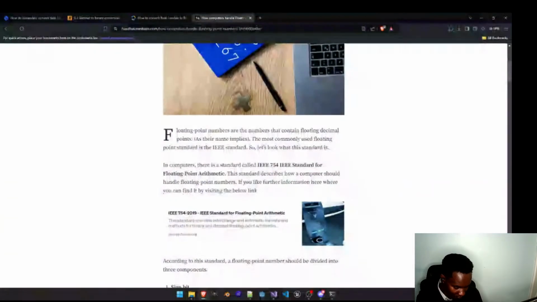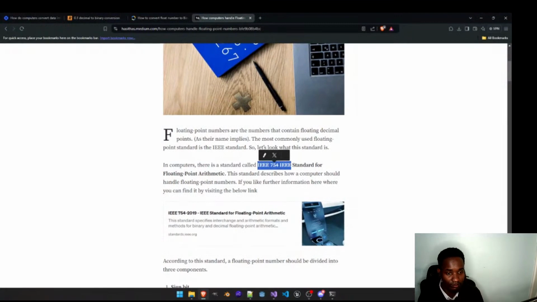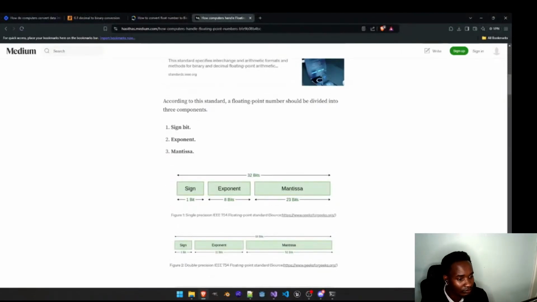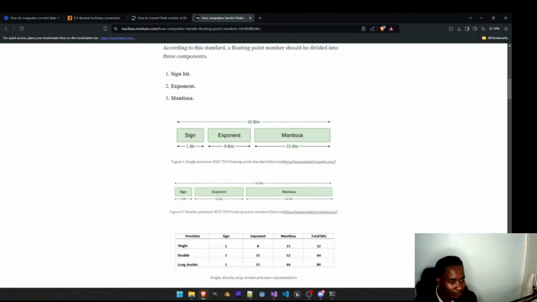I guess this is the IEEE 754 standard that is used. Yeah, so the sign bit. Okay, so here's a bit of a visual explanation.